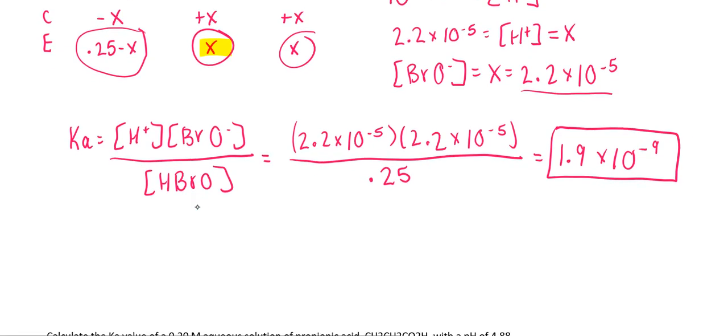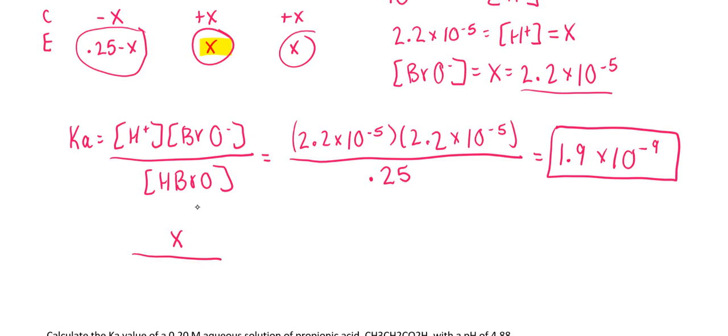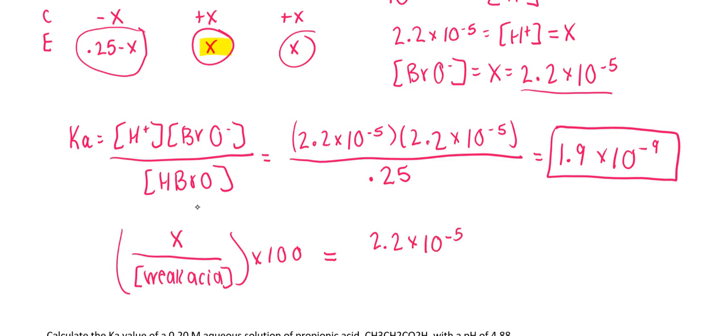Alright, just to make sure that X actually was negligible, remember we can always think about that 5% rule. So we can take X divided by the initial concentration of that weak acid and multiply by 100. As long as that number is less than 5%, X is going to be negligible. So X equals 2.2 times 10 to the negative 5th.